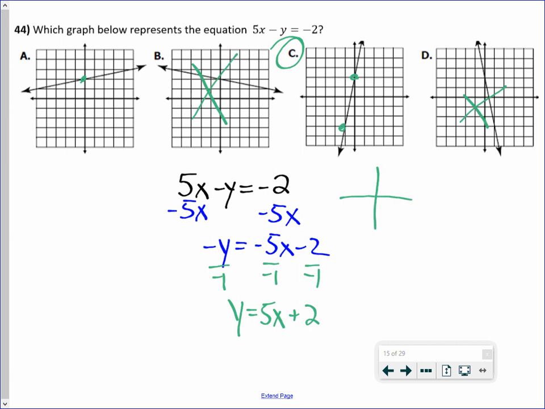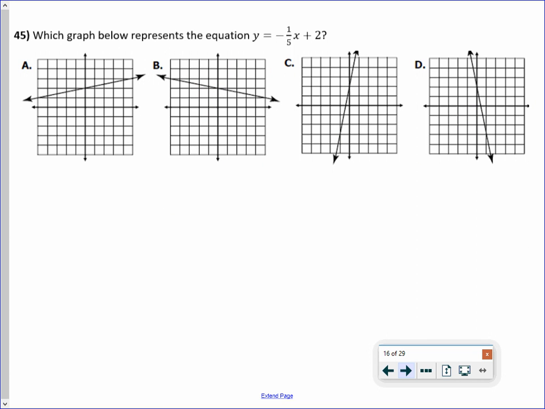Remember, just a quick thing, is lines with a slope of 1 go at a 45-degree angle. Lines with slopes greater than 1 are steeper, and lines between 1 and 0, like if it's a half or a quarter, are going to be shallow lines like that. All right.